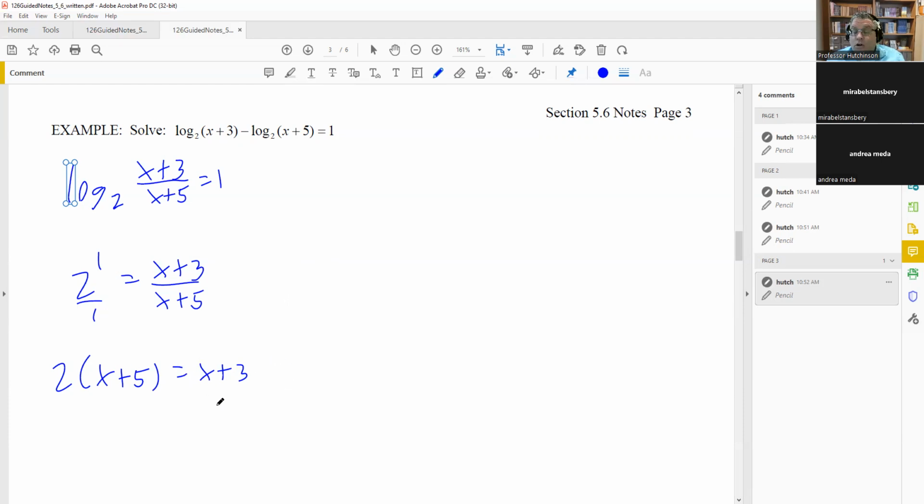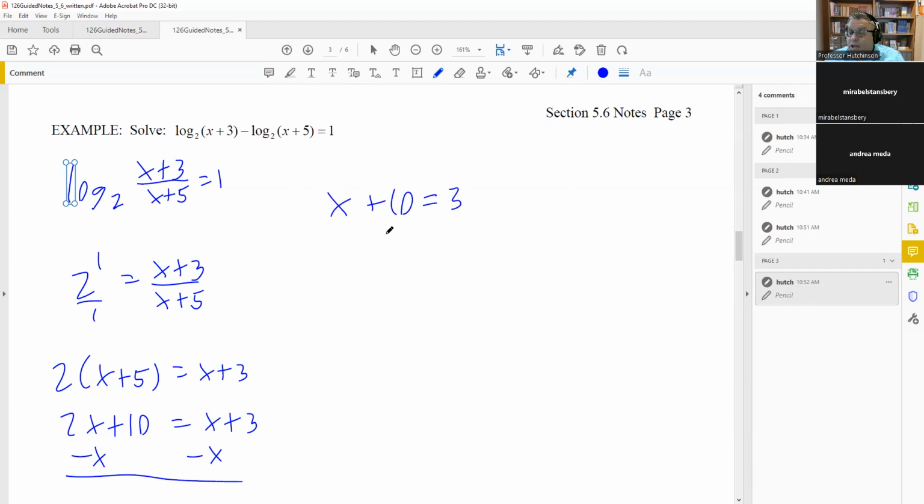Either way is fine. We're going to multiply by the 2. So 2x plus 10 equals x plus 3. We want to subtract x from both sides, and when we do, we get x plus 10 equals 3. Then we just subtract 10 from both sides, and we get x is equal to negative 7.